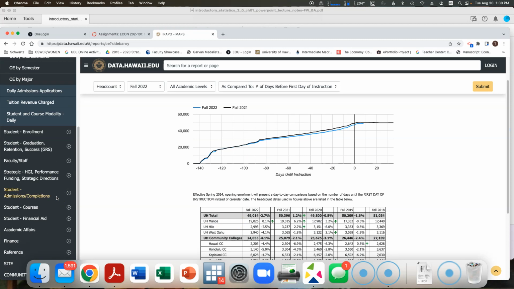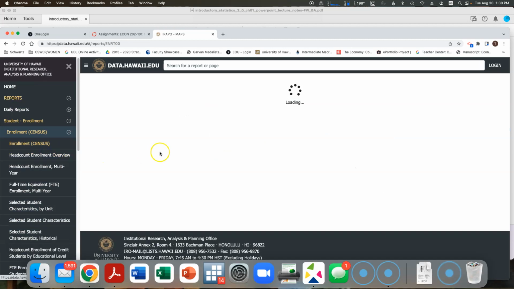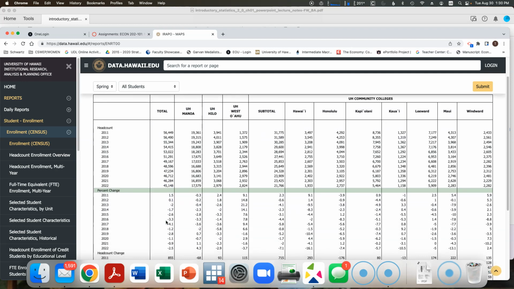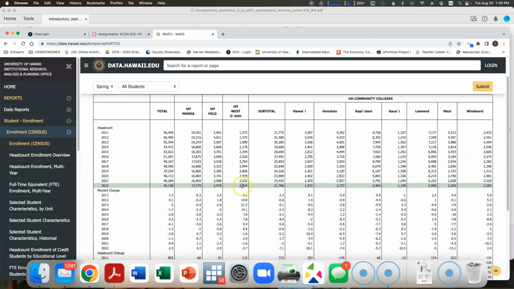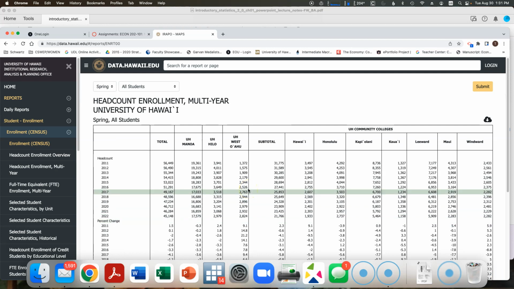If I scroll down over here, we would say it's a sample, but the sample is the entire population of students at UH. In this case, at West Oahu, we have a census of 2,824 students for the 2022 spring semester.